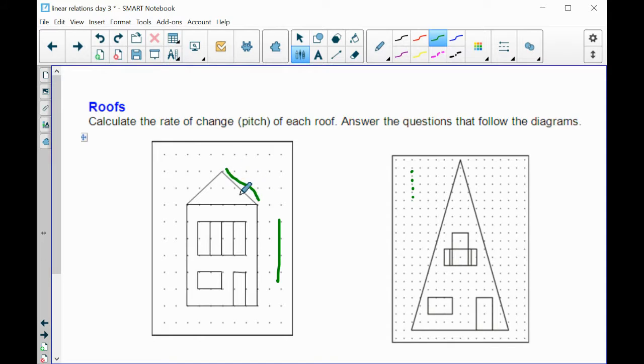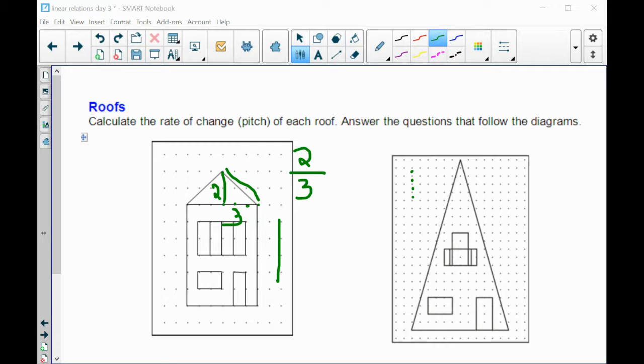So we're going to look just at that slanted part, and we're going to say, well, what's the rise and what's the run? So we're going to count dots. The rise in this case is 2. And the run in this case, if we count dots over, we start here and we have 1, 2, 3 dots over. So we have a run of 3. So we can say that the pitch of that first house is 2 to 3.